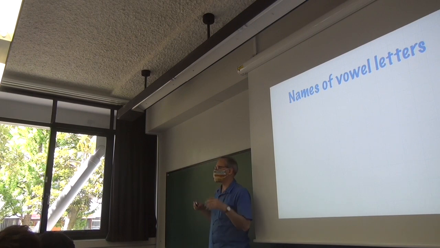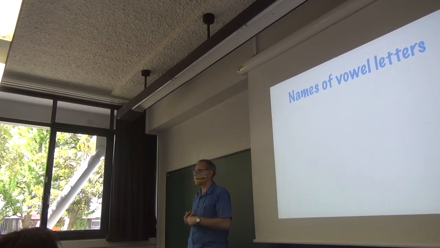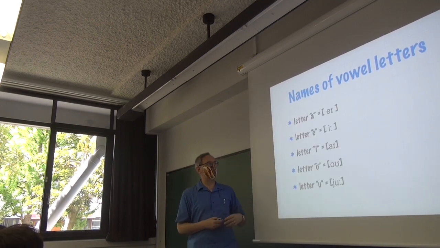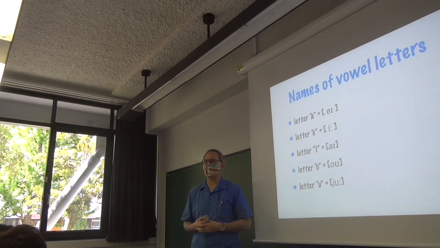Just as a note, in written English, we name 5 letters as vowel letters. Even though we have 17 pronunciations, the names of those letters all share a certain property.